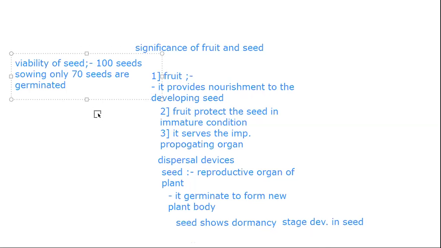So how does this happen? This happens because of the viability of the seed. So actually what is meant by viability? Viability is nothing but a capacity, what we call the capacity of the seed.